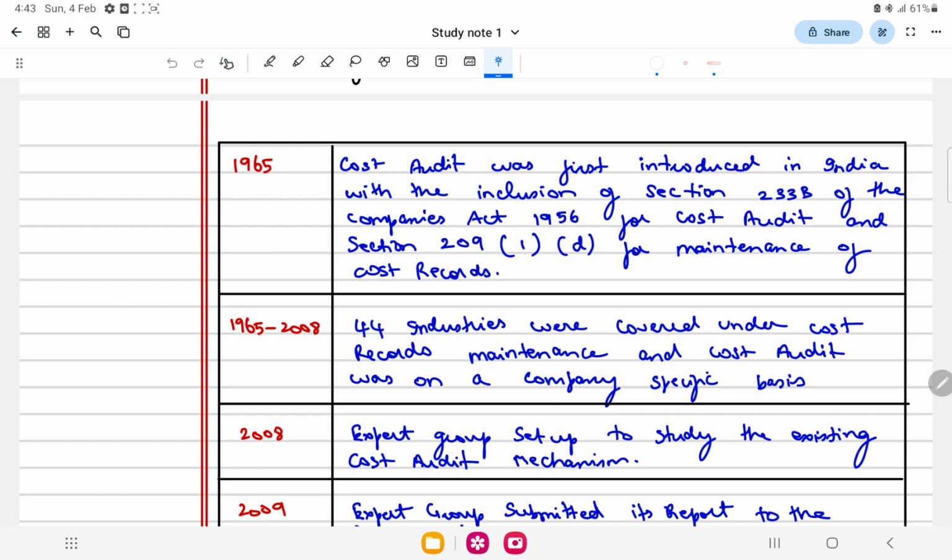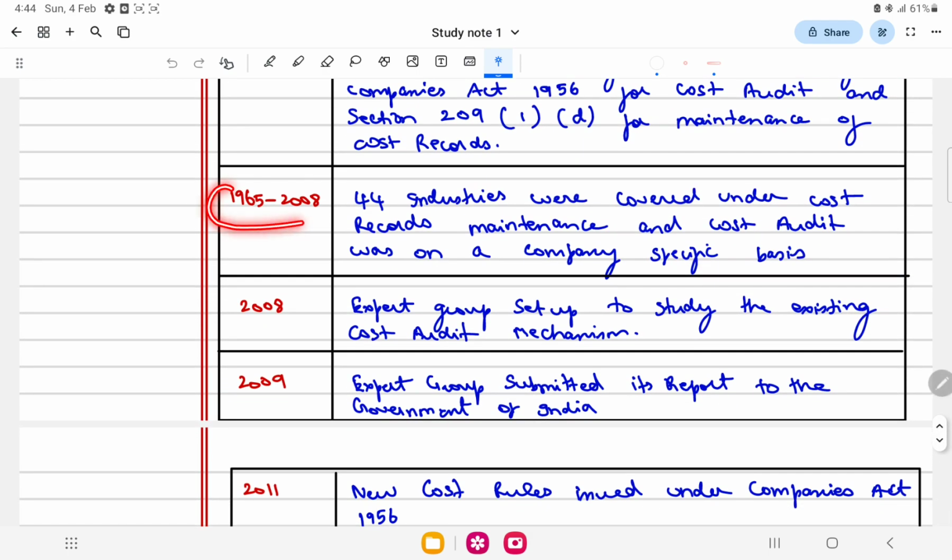So you should remember 1965 was the first year when the cost audit was introduced in India, with the inclusion of section 233B of the Companies Act 1956 for cost audit, and section 209(1)(d) for maintenance of cost records.